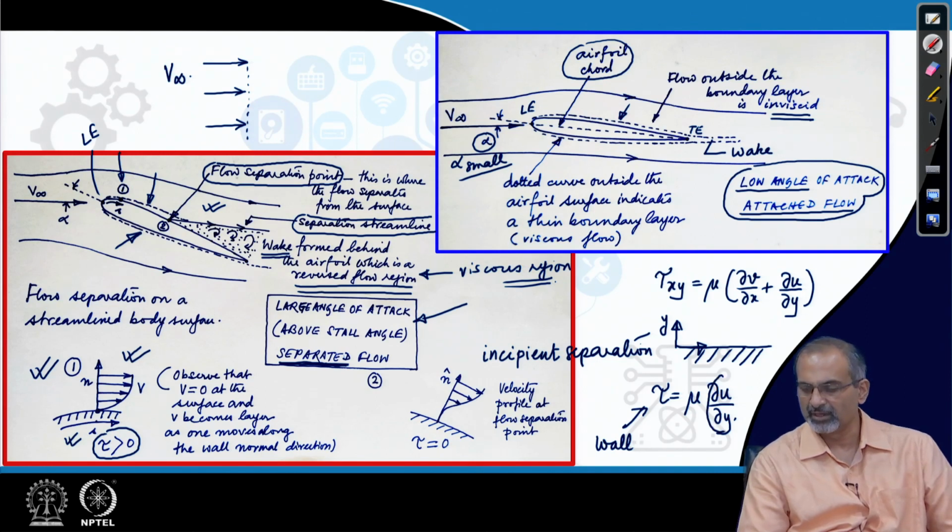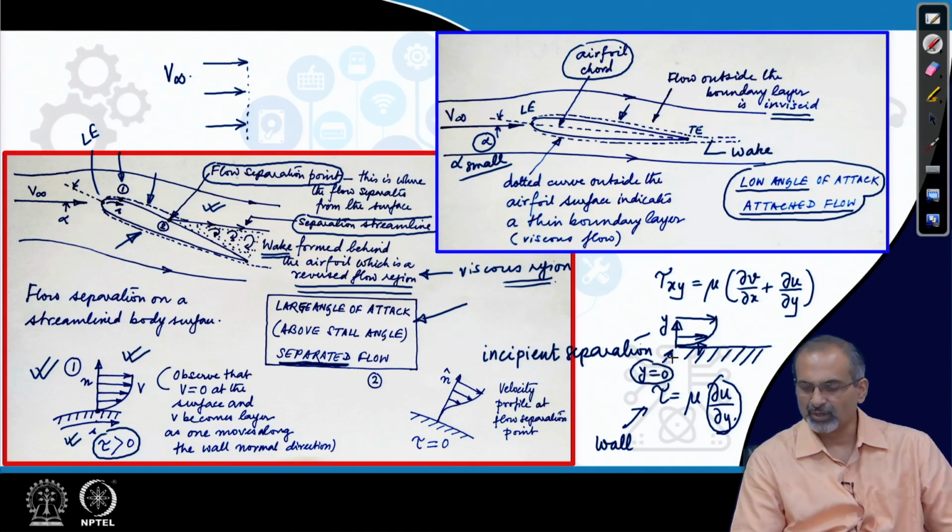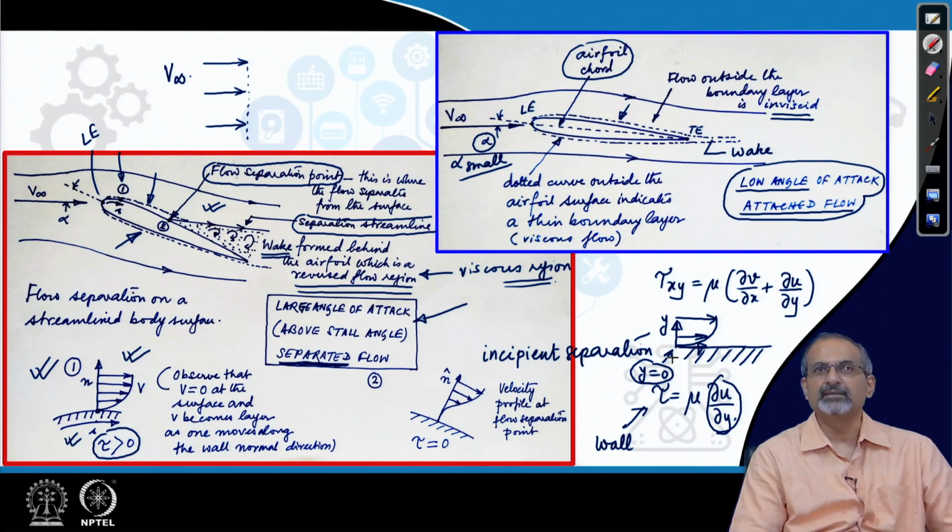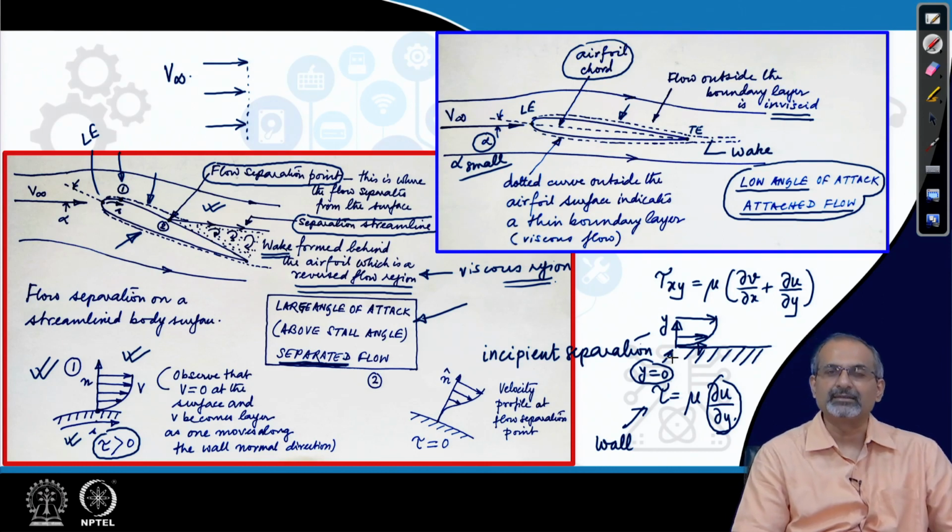That means the del u del y of that velocity profile that you work out exactly at y equal to 0 will give you the wall shear stress. So, you can see very easily that it is dependent on the velocity gradients.